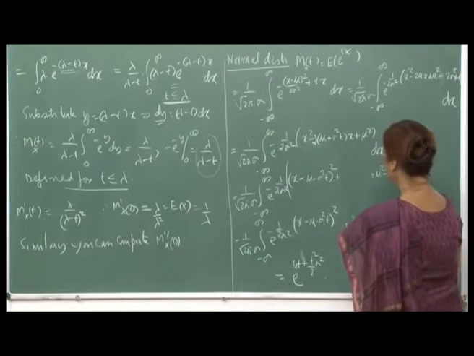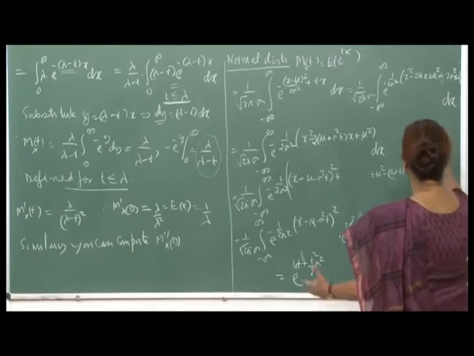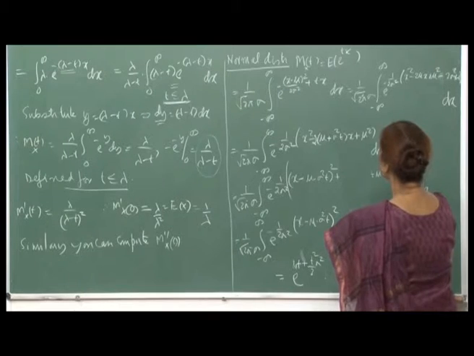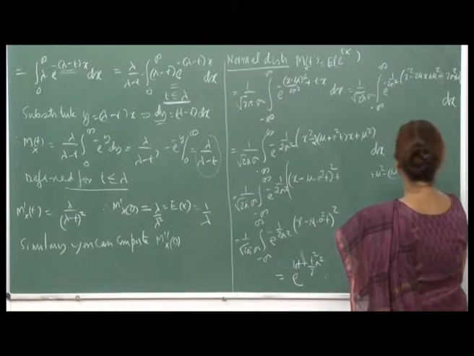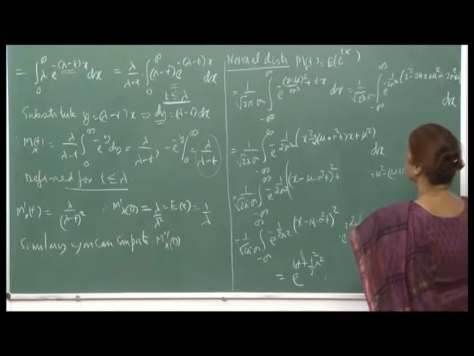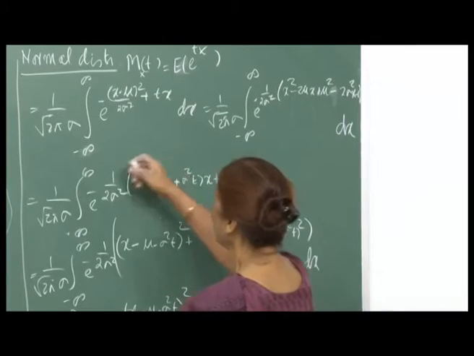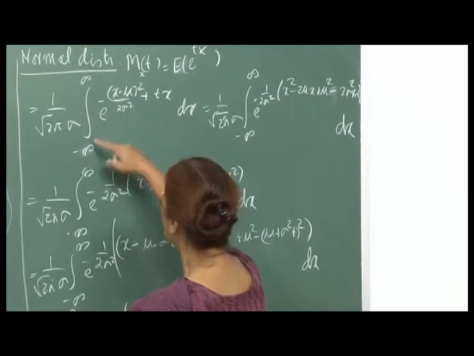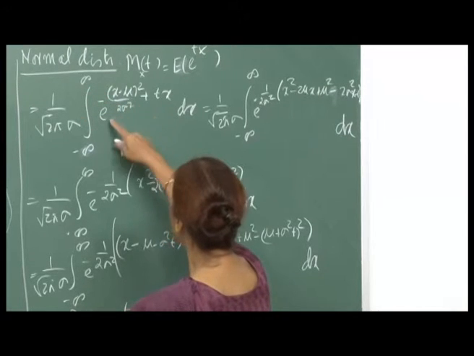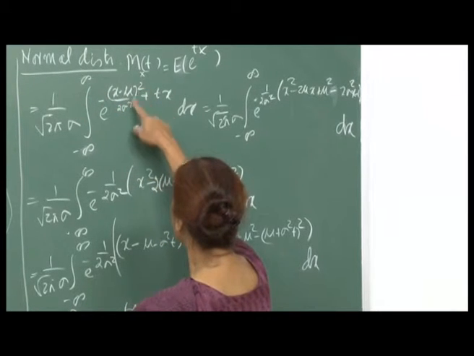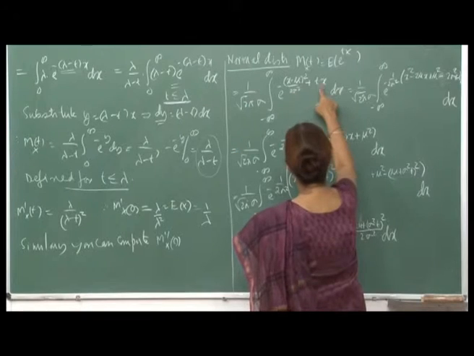Normal distribution again, it may look very cumbersome, but actually it is simple manipulation of the terms and you get the answer. So for a normal distribution, the moment generating function would be 1 upon root 2 pi sigma, integral from minus infinity to infinity of e raised to minus (x minus mu) whole square upon 2 sigma square plus t x.